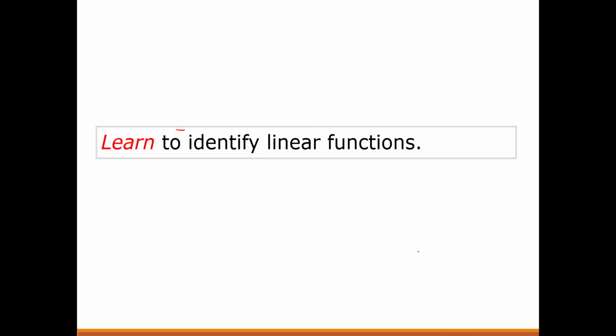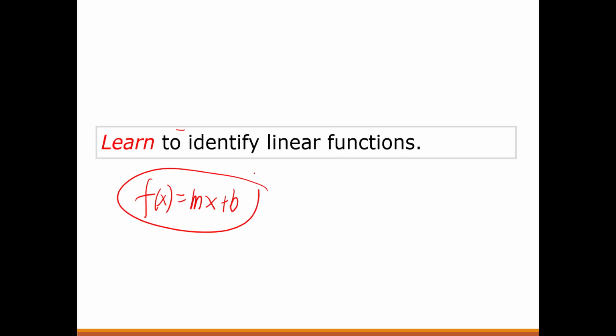We're going to learn how to identify linear functions very quickly. A linear function should appear in the form f of x equals mx plus b. As long as you can turn it into this form, it's a linear function. Otherwise, it's not a linear function.